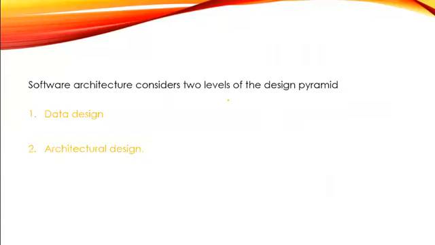Then the software architecture consists of two levels of design parameter, that are the two types of design representations: the data design and the architectural design. Now, what does each mean? The first one is the data design. This data design is going to enable you to represent the different components of architecture, and what are the different class definitions within an object-oriented system.